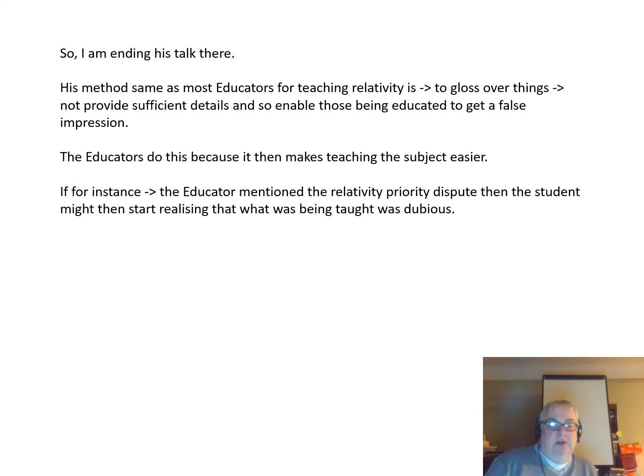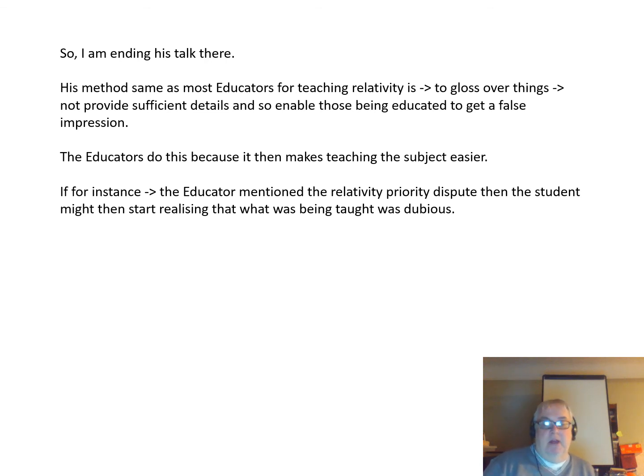If, for instance, the educator mentioned the priority dispute issue with relativity, then the student might start realising what was being taught was dubious. They might start criticising what's being told to them. They say, oh, there's this issue of priority dispute. Maybe Einstein didn't get everything right.